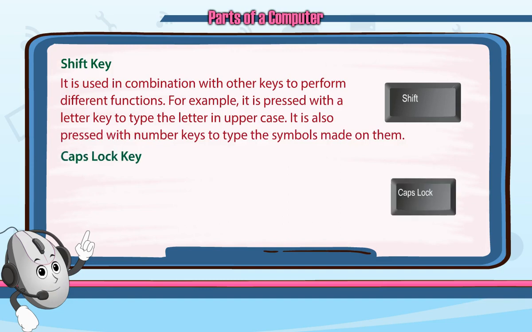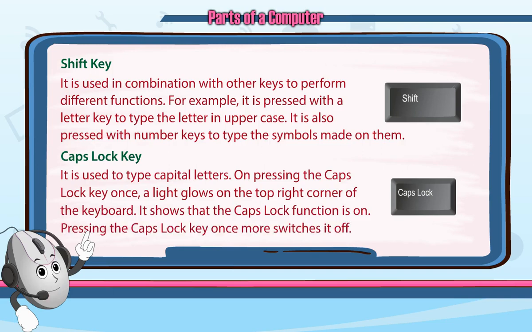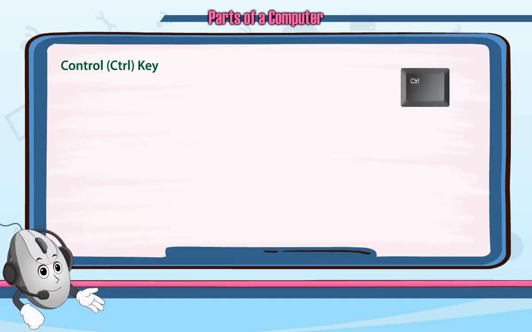Caps Lock key. It is used to type capital letters. On pressing the Caps Lock key once, a light glows on the top right corner of the keyboard. It shows that the Caps Lock function is on. Pressing the Caps Lock key once more switches it off.